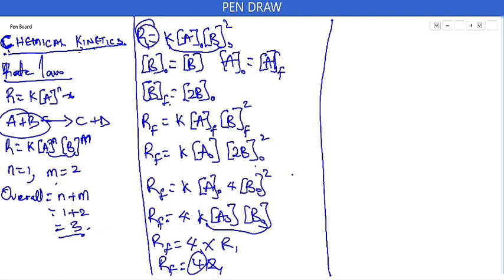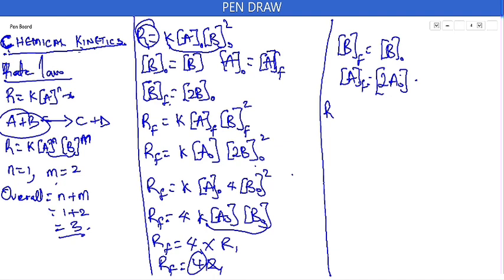But assuming it is A, let's try A. Let's say A is the one that we increase by a factor of 2. What are we going to get? Let's say our B naught remains constant. That means our final concentration of B is still the same as our initial concentration of B. And my final concentration of A is equal to 2 multiplied by the initial concentration.